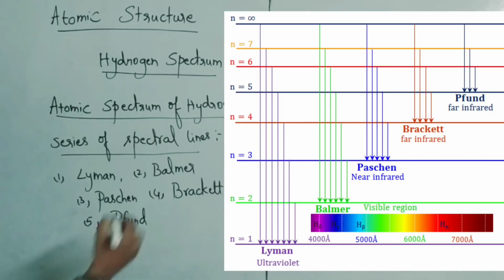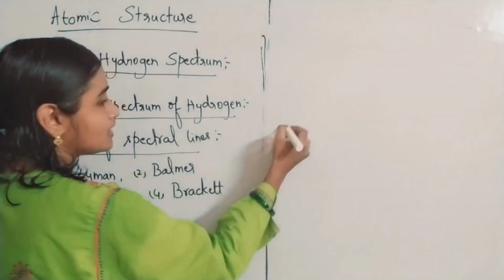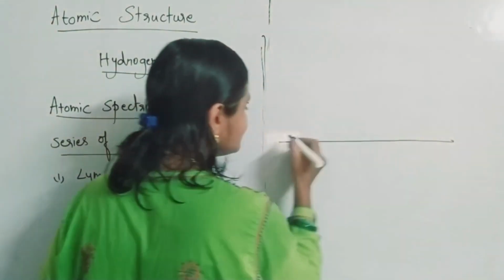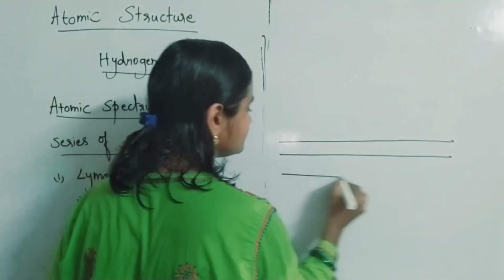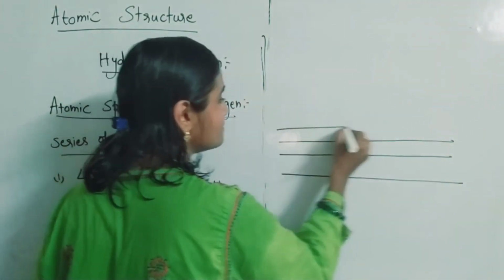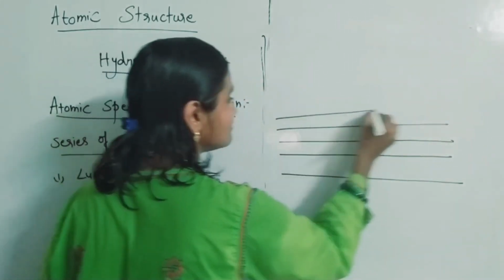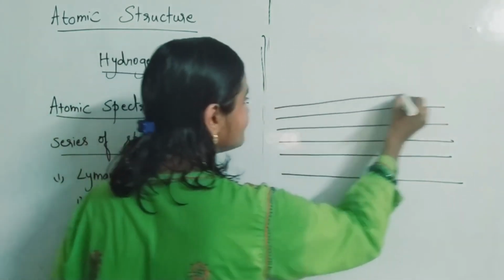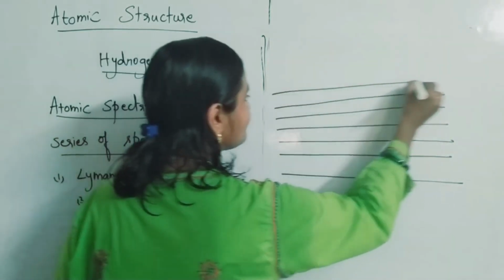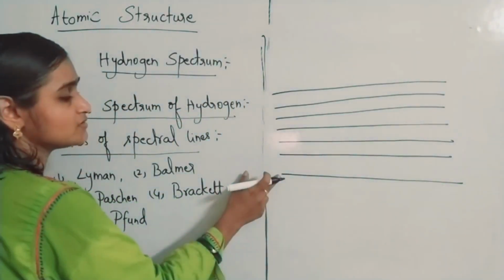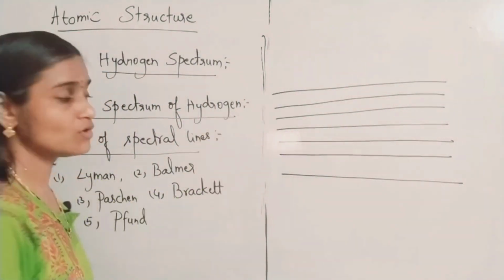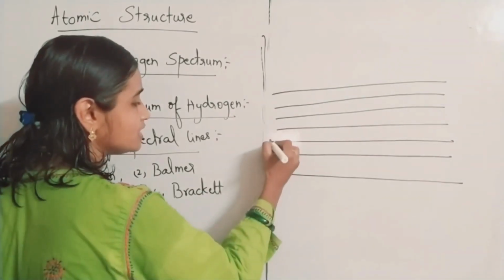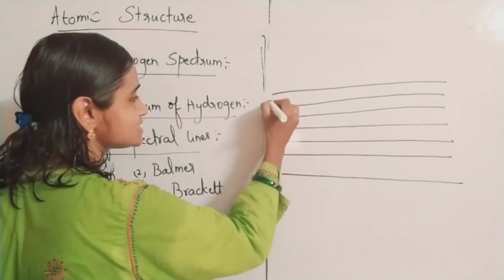If you go for Lyman series, just look at this small diagram which I am drawing here. If electrons go from a lower energy level to a higher energy level, and then return back to the ground state, I have drawn energy levels 1, 2, 3, 4, 5, 6, 7.